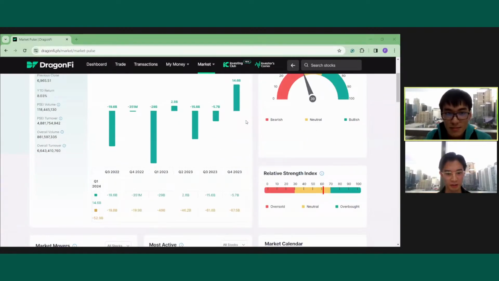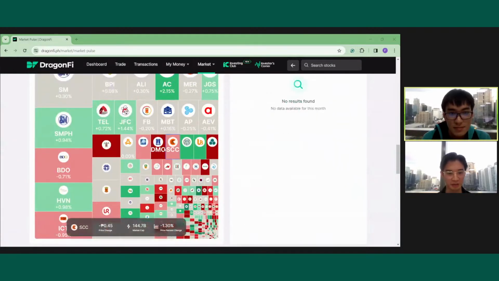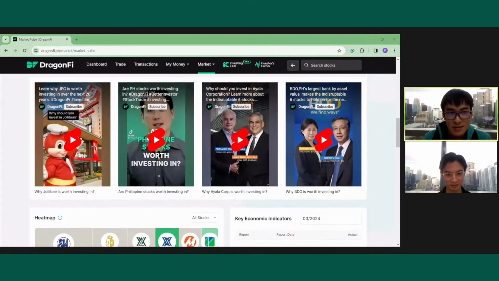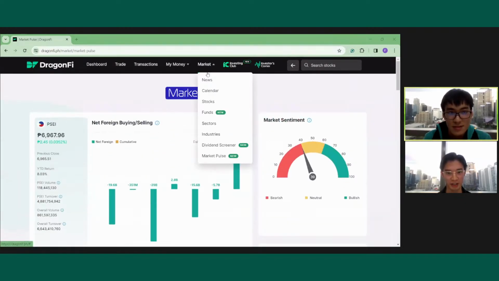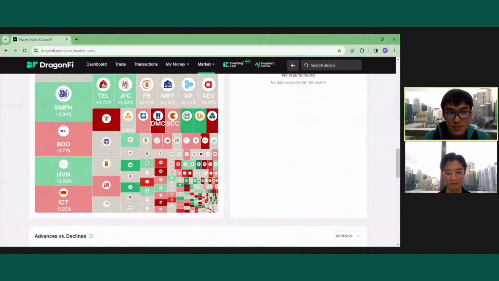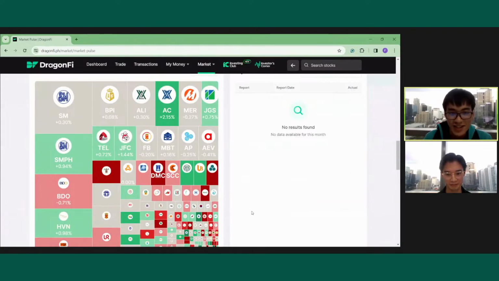And if you scroll to the very bottom, you'll see the heat map. And there you go. You can see SMPH is up 30 cents as of today. So all you have to do is go to Market, then click on Market Pulse and then the heat map. Okay, hope that answers your question. So let's continue.